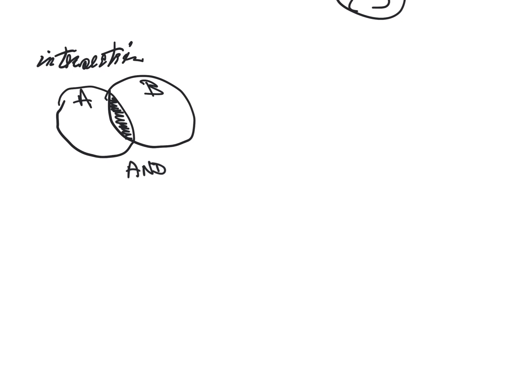And the symbol for intersection is the upside down U. I can't really think of any really cool way to remember the intersection symbol, but that's what it looks like. It's the upside down U. So let's look at a couple of examples here of this being used. So if I have set A, remember I said it was a capital letter, and I give you the set 1, 3, 5.